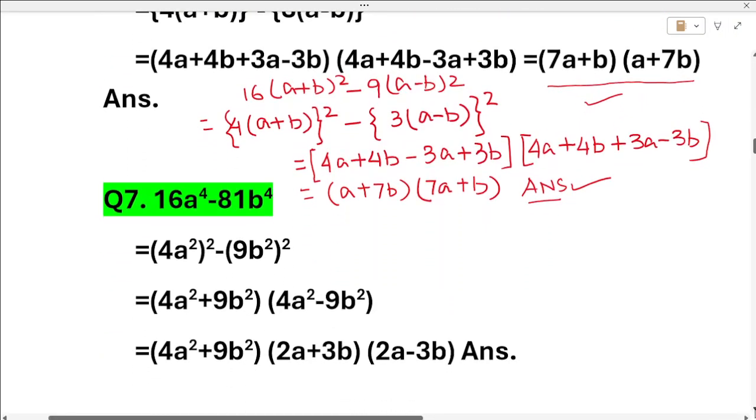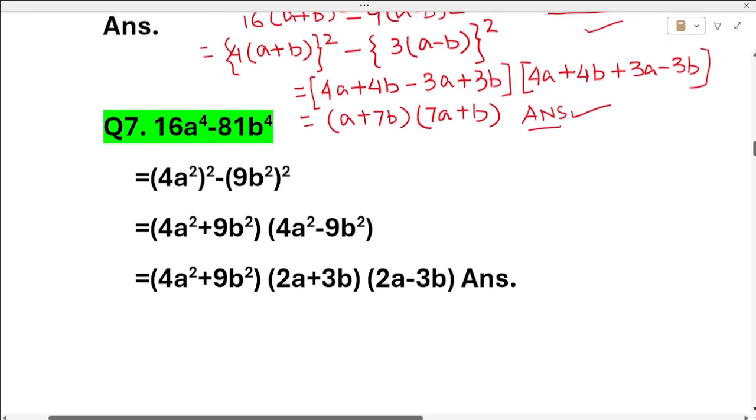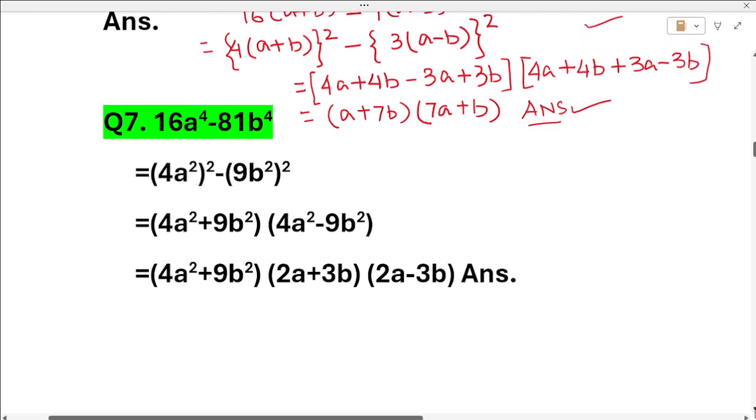Now another question, see question number 7. The question number 7 is 16a to the power 4 minus 81b to the power 4. You should express it as square terms.